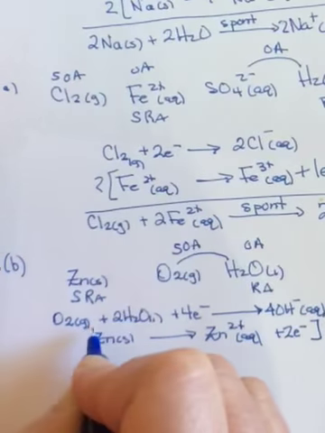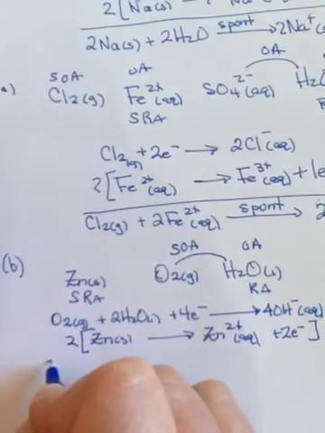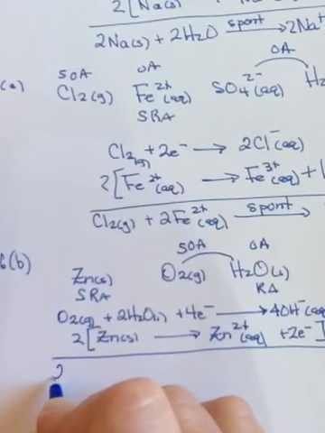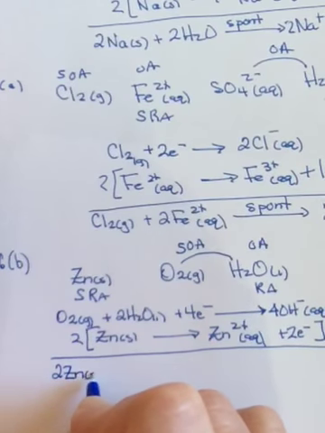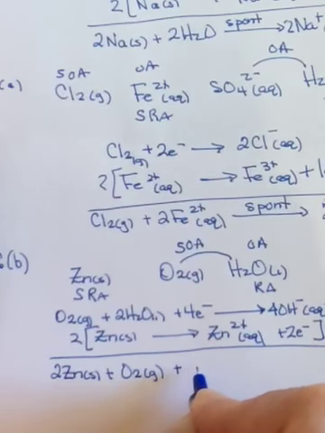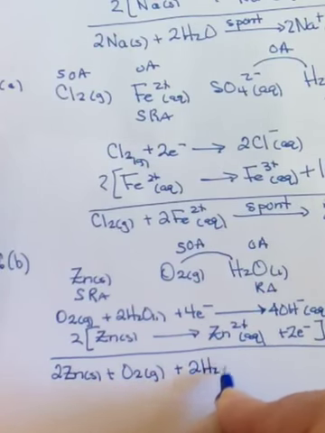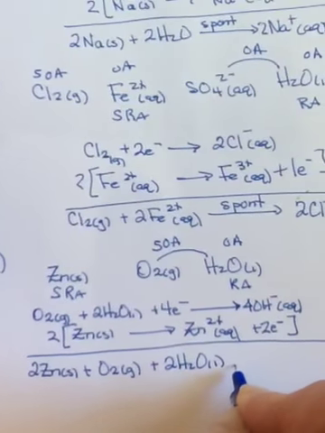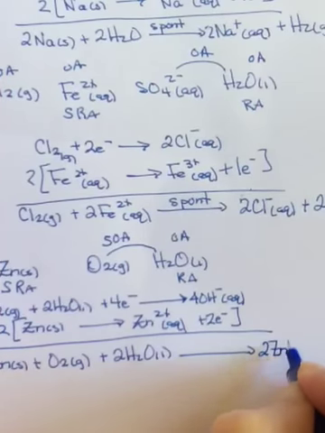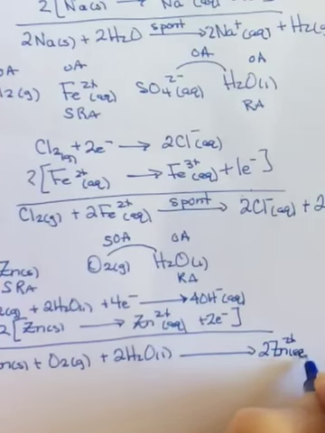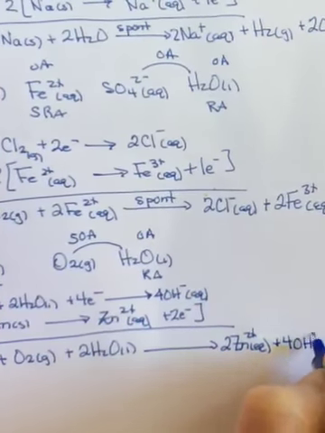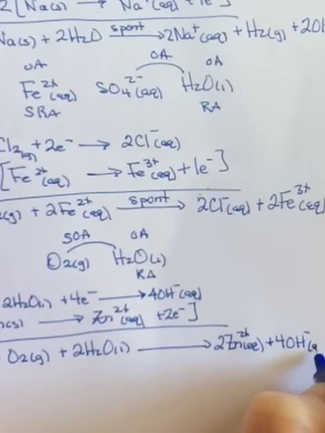So the second one has to get multiplied by 2 to balance out the electrons. And so then we have 2 Zn solid plus O2 gas plus 2 H2O liquid going to 2 Zn2 positive aqueous plus 4 OH negative aqueous.